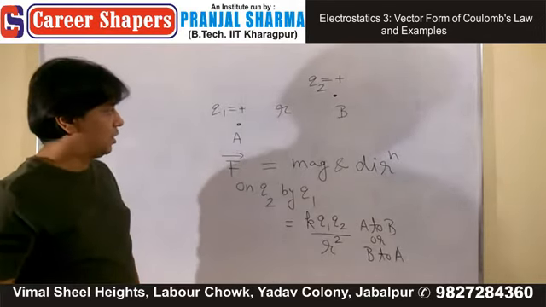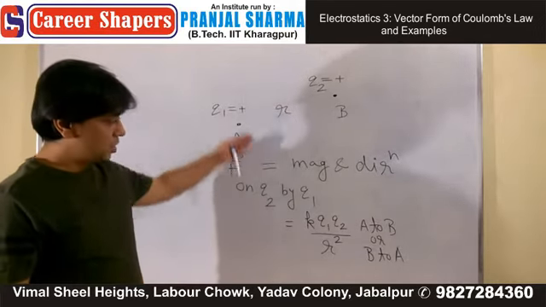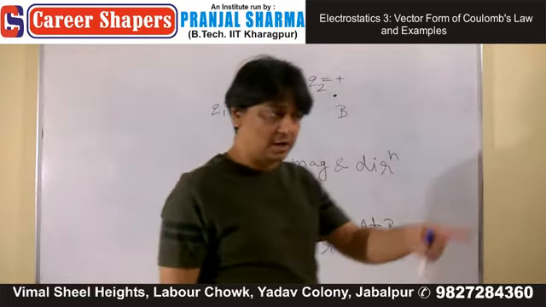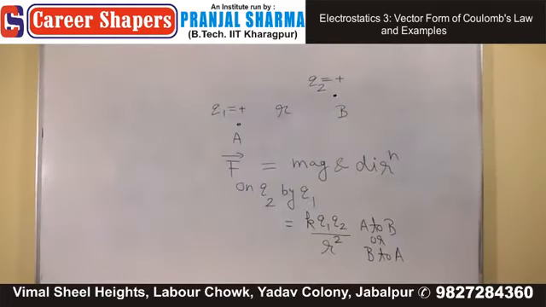Go down this much and write down the answer in the comment box. What should be the correct direction of force? Should it be A to B or B to A? And remember, we need force on Q2 coming from Q1.